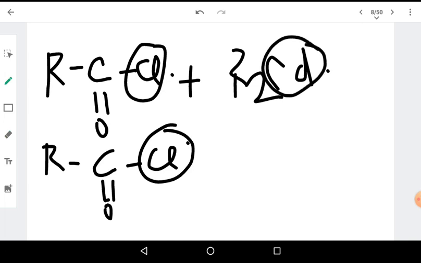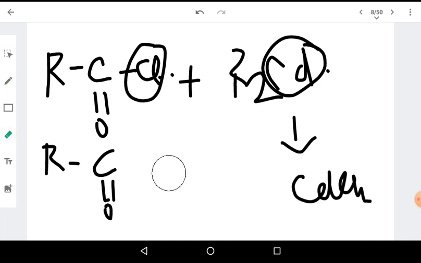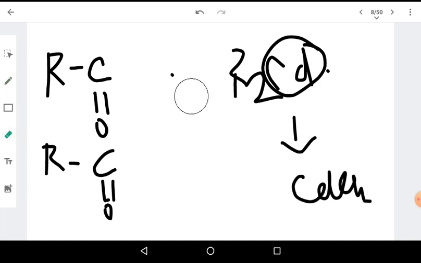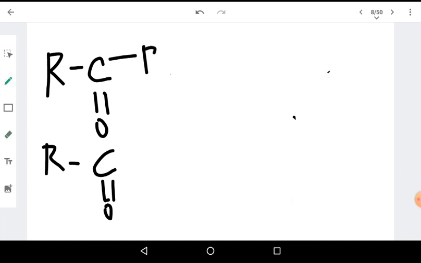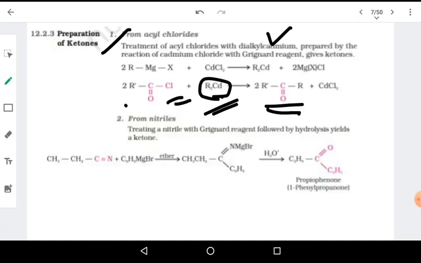So this cadmium is going to take up these two chlorines and move out as CdCl2, and whatever is left, this R part, we are going to add over here. One R will come over here and another R will come over here. We will get two molecules of ketone over here. That is the reaction that is happening. Now from nitriles also we can prepare ketones by treating them with Grignard reagent.